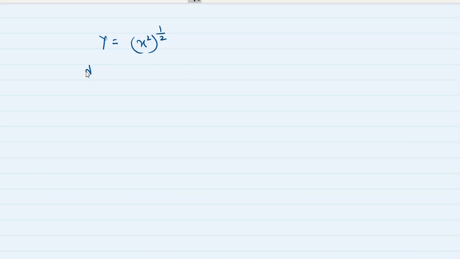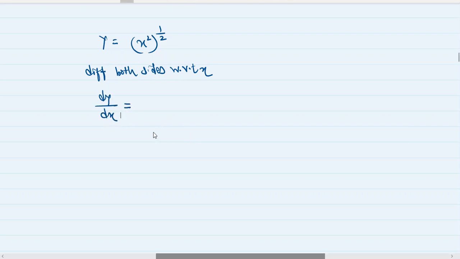Now differentiating both sides with respect to x, what will we get? Dy by dx is equal to, now I'm directly writing dy by dx. I'm not using that UV method. We can use the UV method, but I want to show you one more way of doing this.